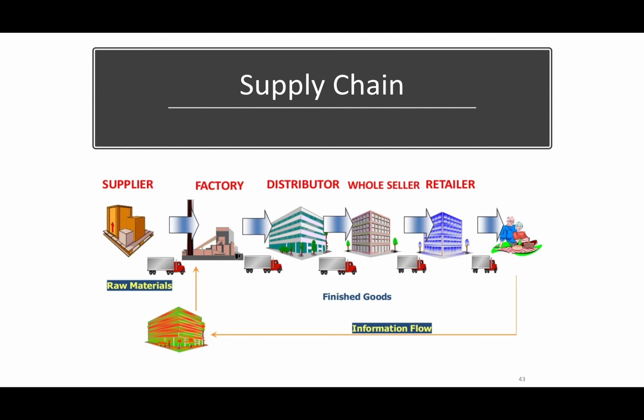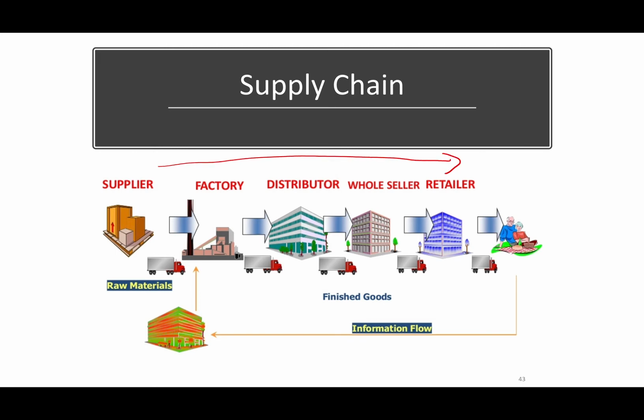So supply chain, as you recall, is a system of organizations, people, activities, information, and resources which are involved in moving a product or service from supplier to the retailer.